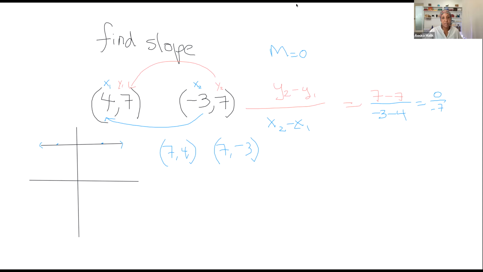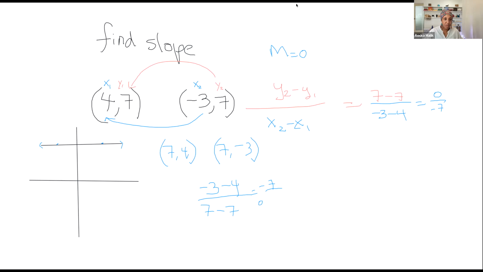Same formula, right? -3 minus 4 is -7. On the bottom, I have 7 minus 7, which equals 0.